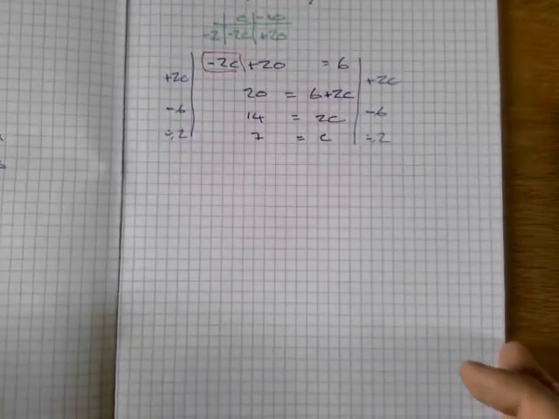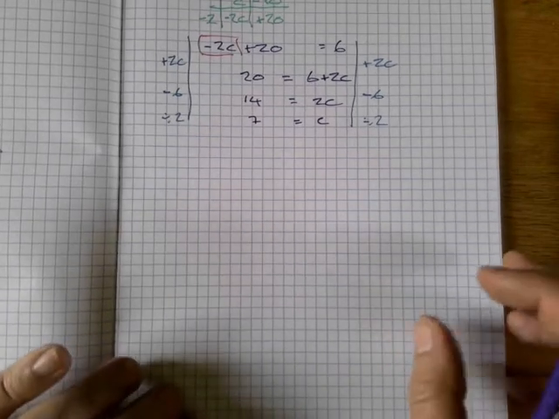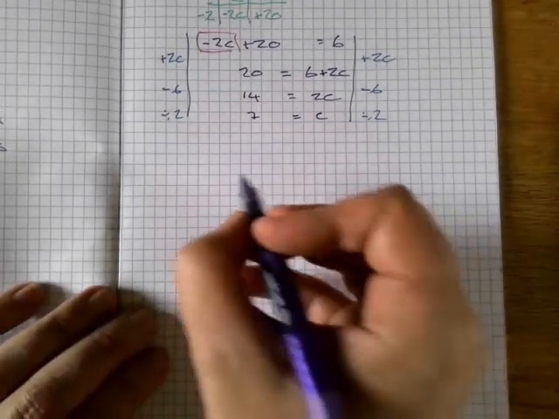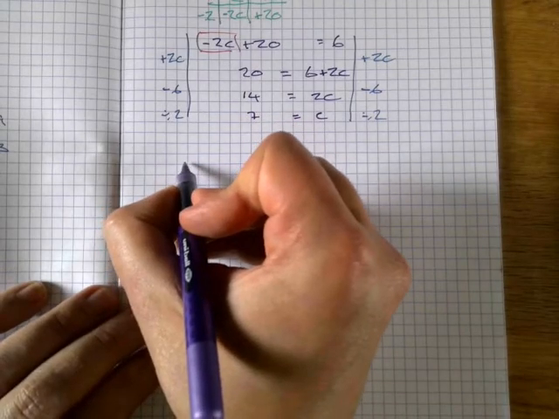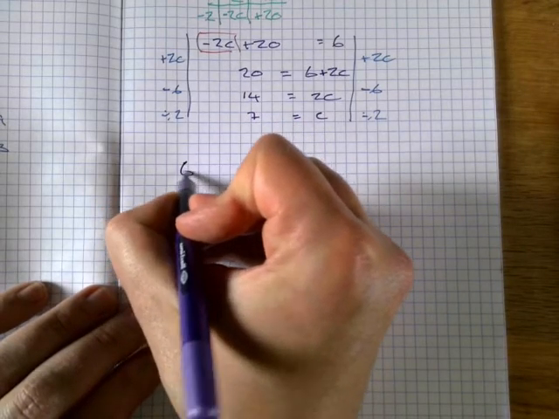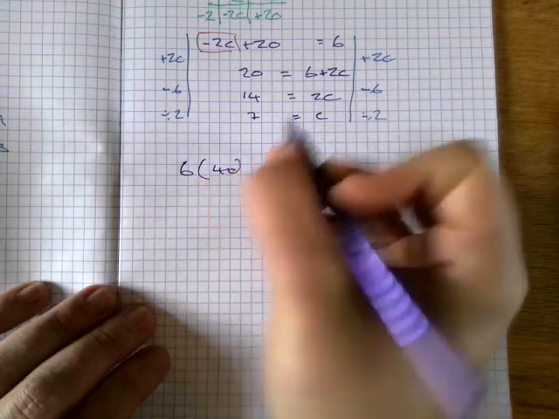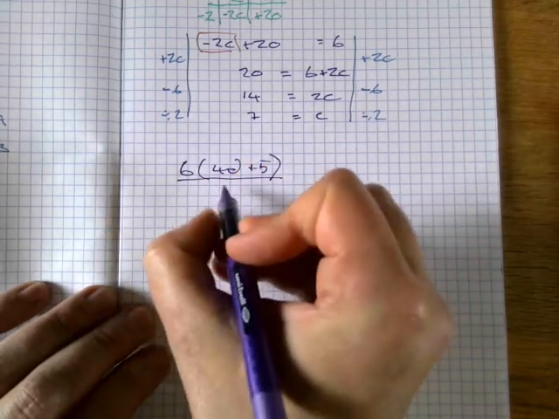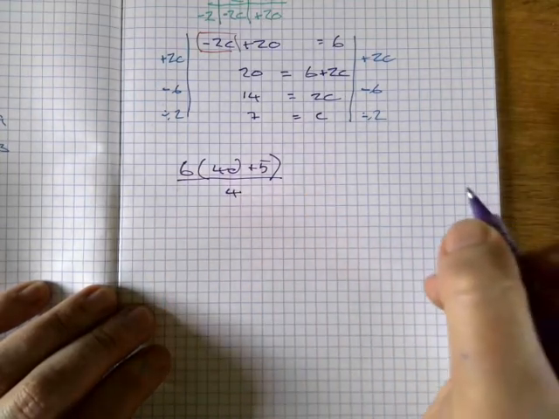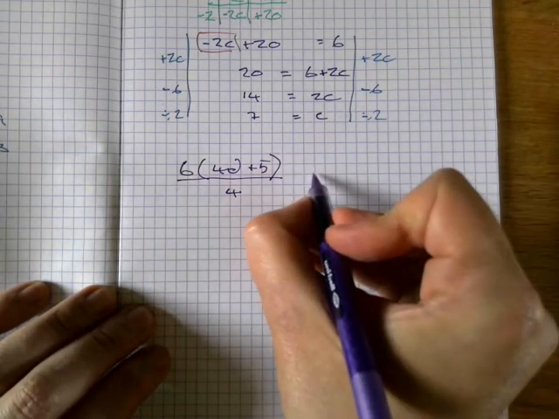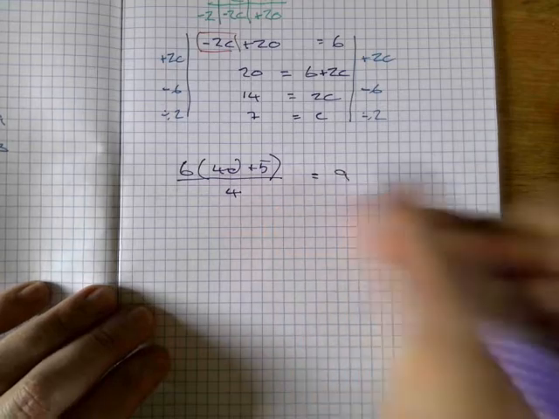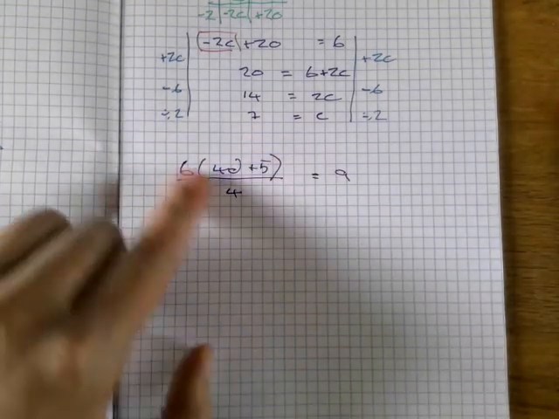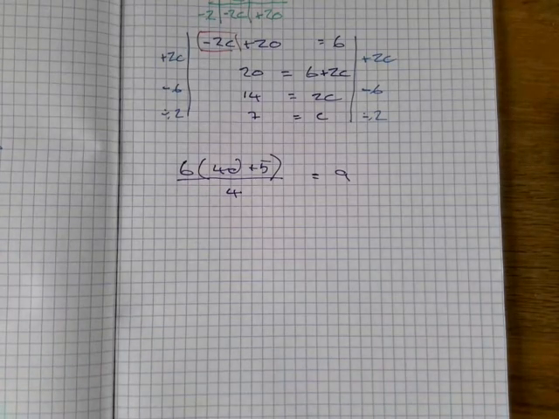Okay, and then onto one of the slightly more challenging questions that we could face. We've got something which has got a fraction in as well. So we've got 6 and then in brackets 4d plus 5, and that is all in the top of a fraction with a denominator of 4, and that's going to equal 9. Now the first thing I'm going to do is I'm going to get rid of this fraction bit.